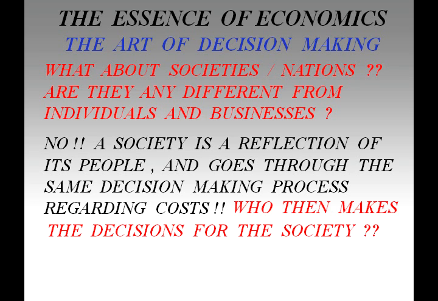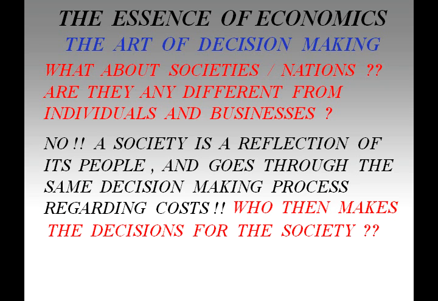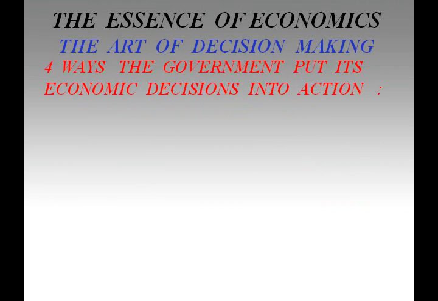So who then makes the decisions for a society? Individually, it's you. Businesses, it's the owner or manager of the business. But who makes the decisions for the society? Well, it's really the government officials that we elect. And our government officials put our government's economic decisions into action generally 4 ways.